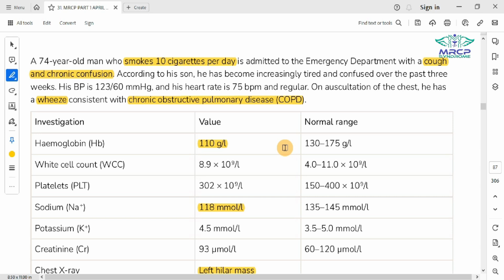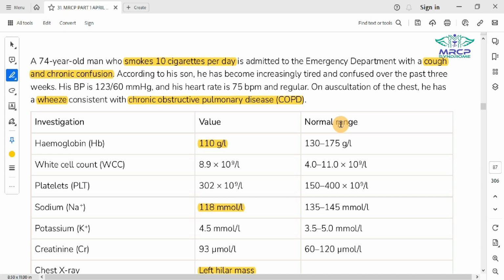A 74-year-old man who smokes 10 cigarettes per day is admitted to the emergency department with cough and chronic confusion. According to his son, he has become increasingly tired and confused over the past 3 weeks. His blood pressure is 123 over 60 millimeters of mercury, and the heart rate is 75 beats per minute and regular.